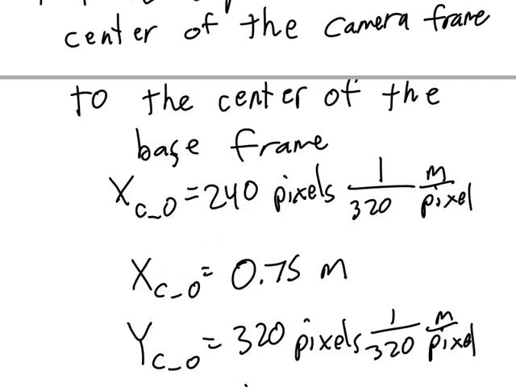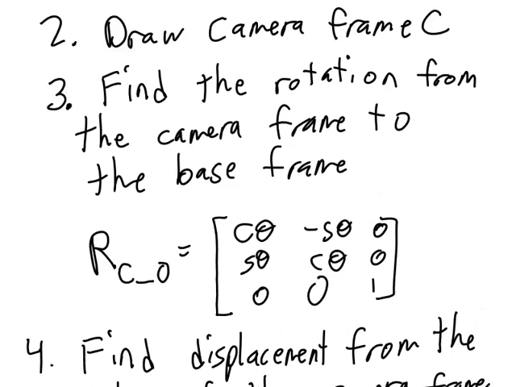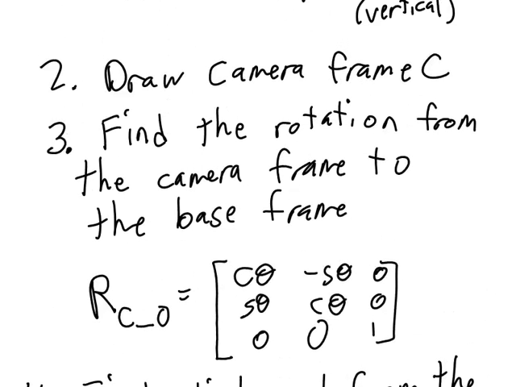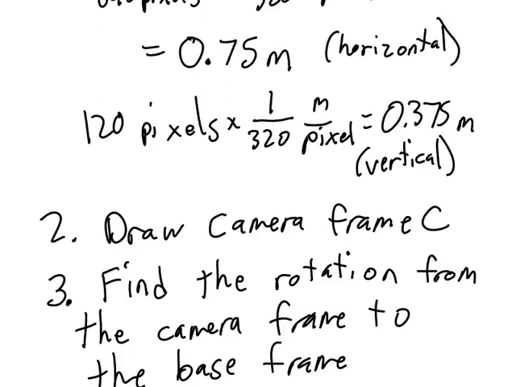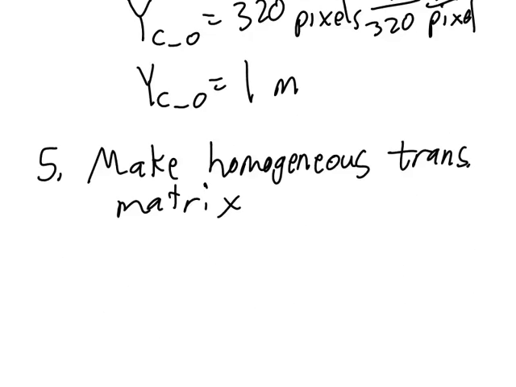Now that we have the displacement from frame C, the camera frame, to frame 0, and we have the rotation from frame C to frame 0, step number 5 is to make the homogeneous transformation matrix.